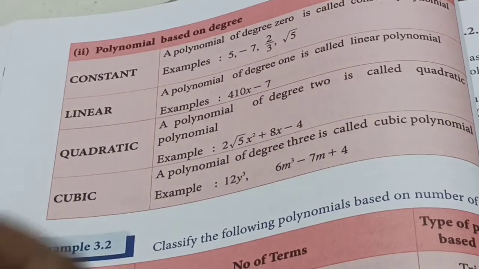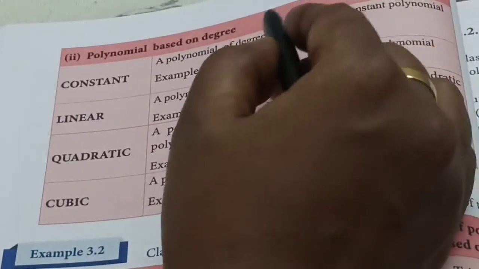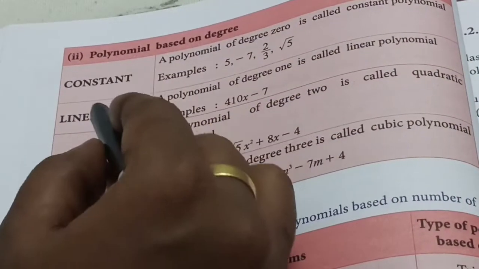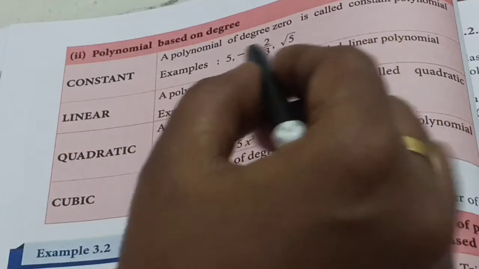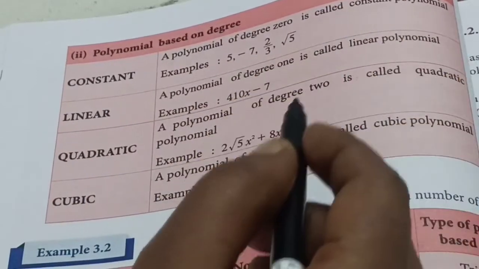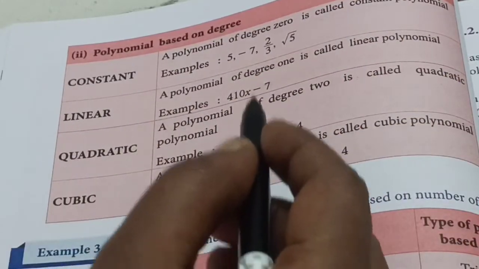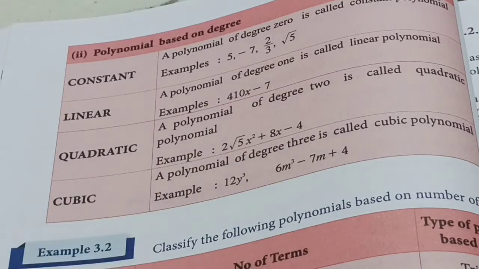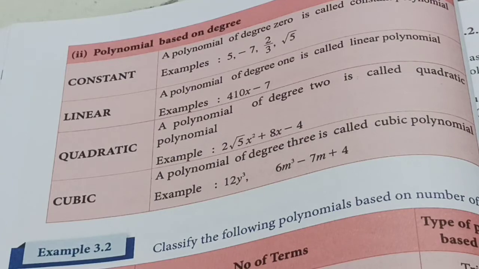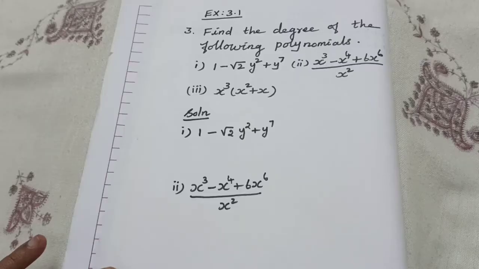Have you understood? Constant polynomial means degree 0. Linear polynomial means degree 1. Quadratic polynomial means degree 2. Cubic polynomial means degree 3. Have you understood? Then the degree of the zero polynomial is not defined.